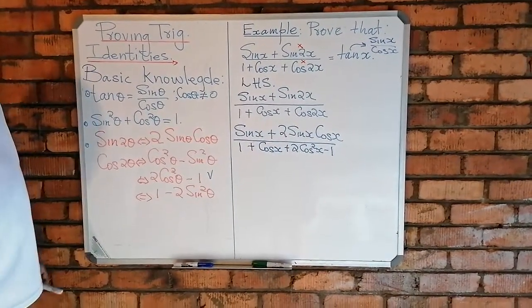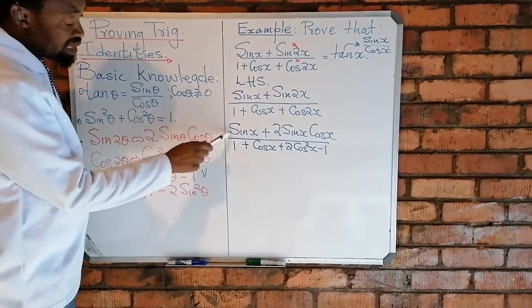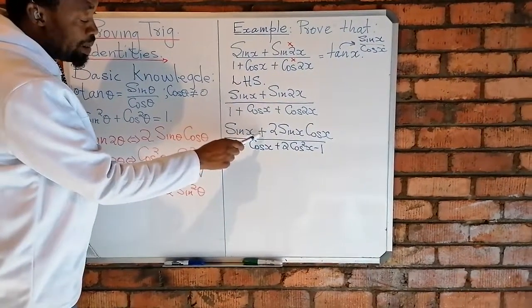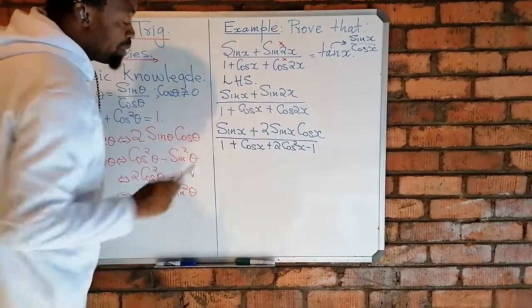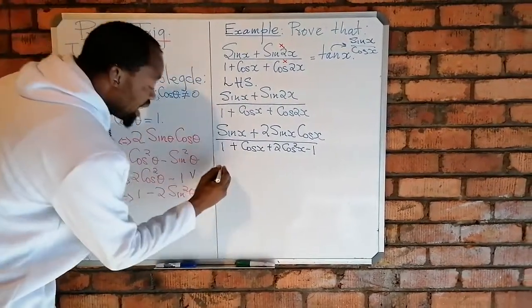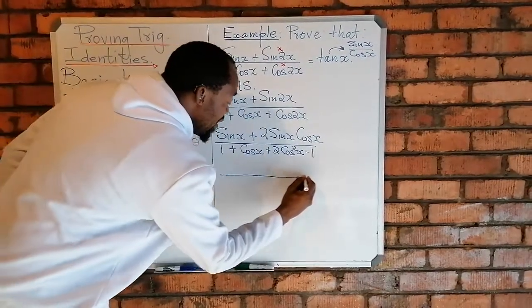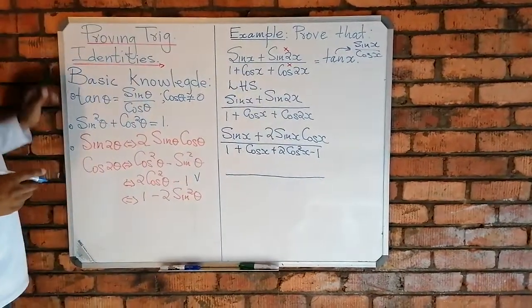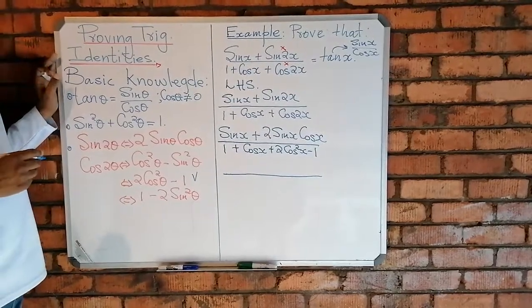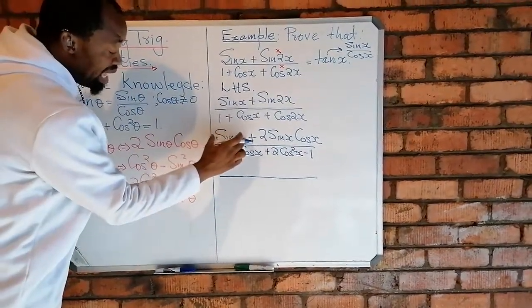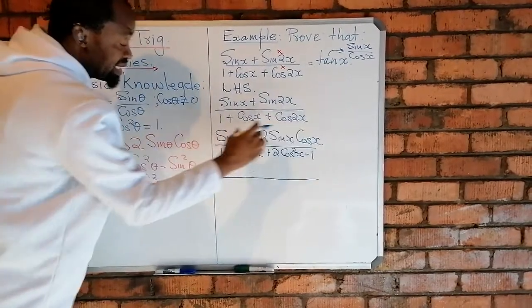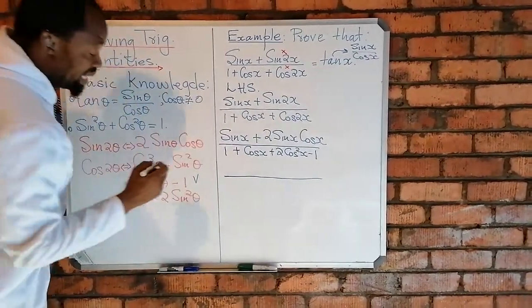My mathematics follows. I've got sine x plus 2 sine x multiplied by cos x. That can only mean factorizing by removing the highest common factor. And in this case, the highest common factor is sine x and sine x.